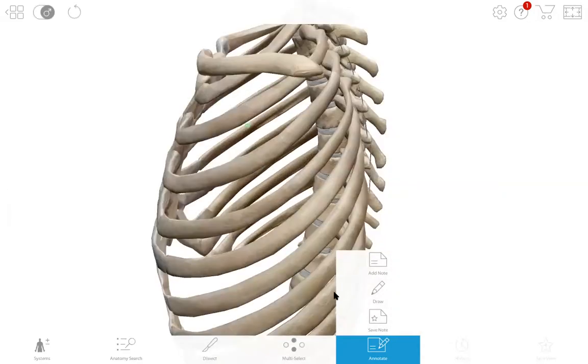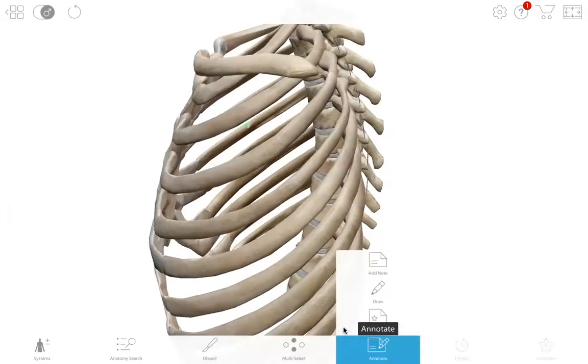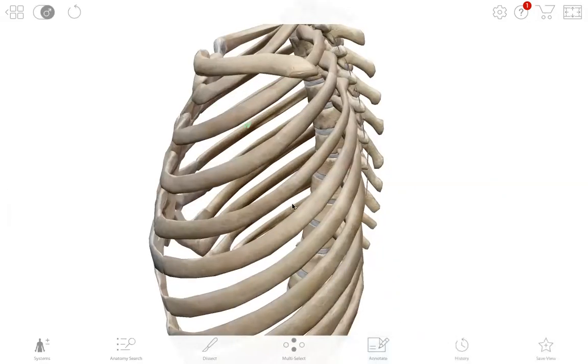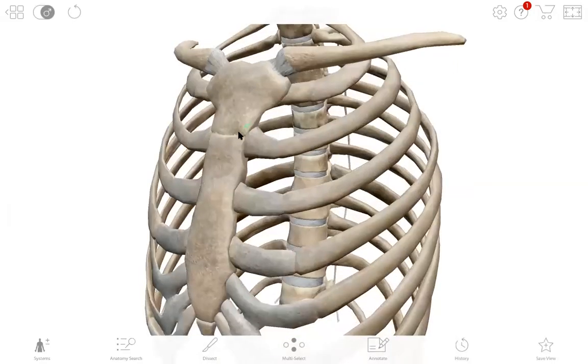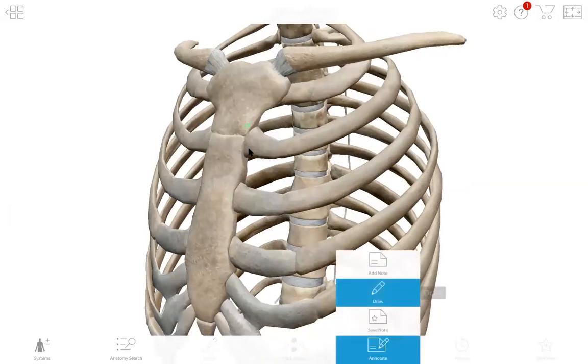It will divide this from here. If I draw it from this sternal angle backward, it will divide the space into two. The upper space is called the superior mediastinum, and what lies below is called the inferior mediastinum.